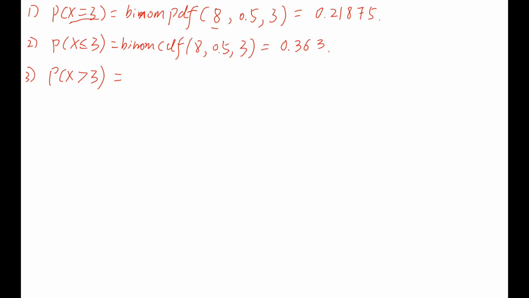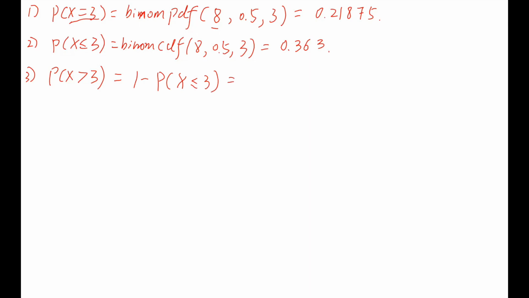We want to find the probability x is greater than 3. We can use the complement rule of the probability. It is 1 minus the probability of the complement, which means x is less or equal than 3.